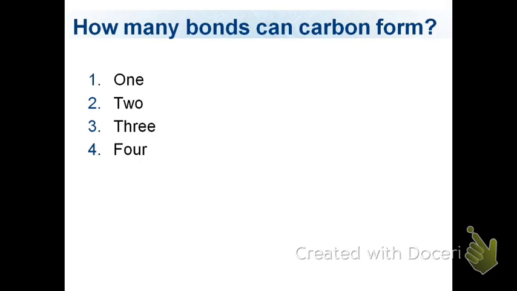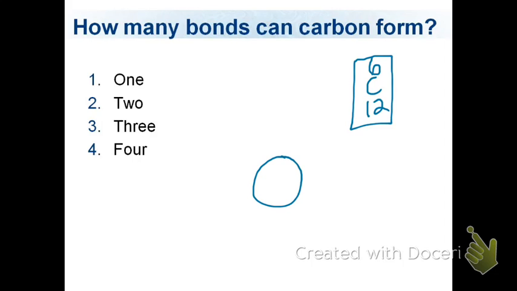So let's think about carbon. Think about the periodic table for carbon. The top number is 6. So how many electrons? 6 electrons, because there are 6 protons, 6 electrons. How many can fit in the first shell?